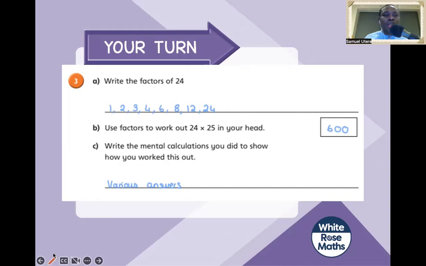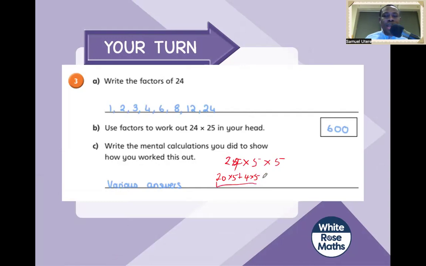I'm going to write down how this could be done in different ways, but one of the ways could be 24 times 5 times 5. Now we know this can be partitioned further, just doing 24 times 5. 24 times 5 is the same thing as saying 20 times 5 add 4 times 5.